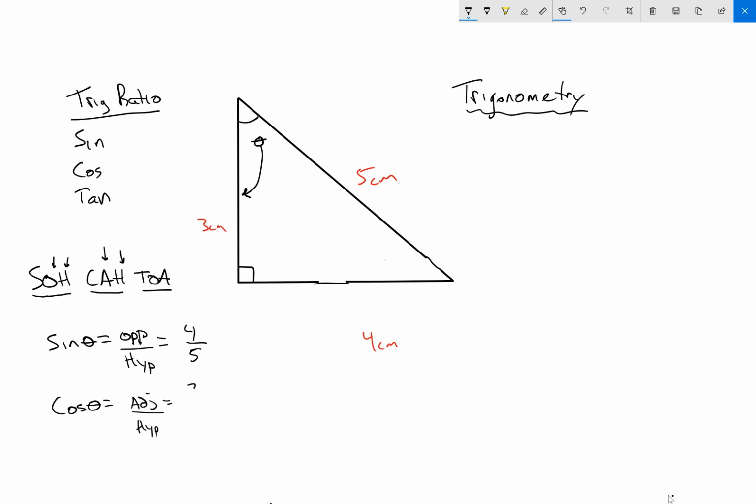So the adjacent side is 3. The hypotenuse in this case is 5. Does the hypotenuse change position ever? No, it's always the longest side. It's always across from the right angle.